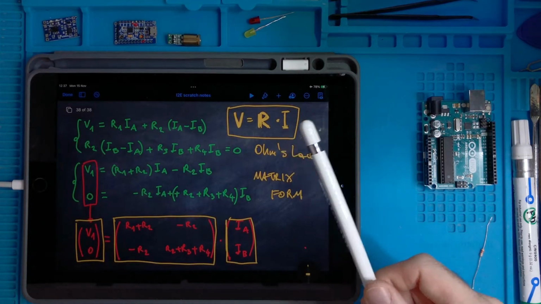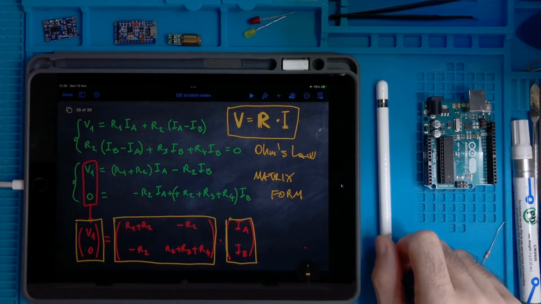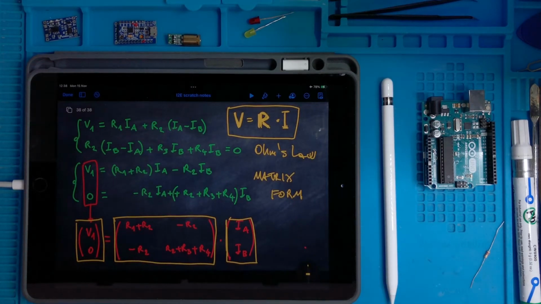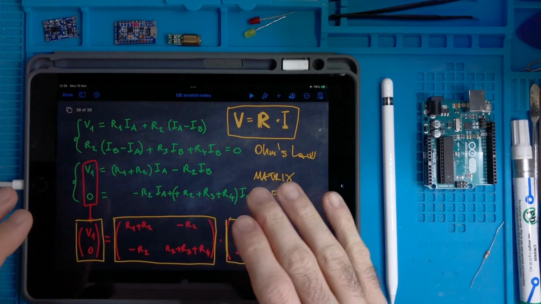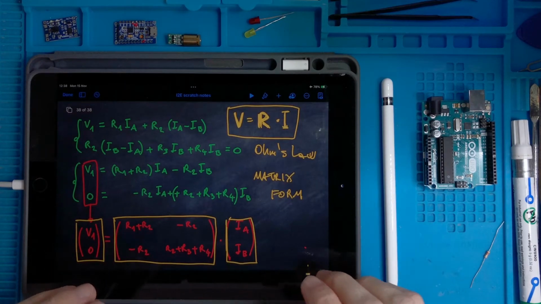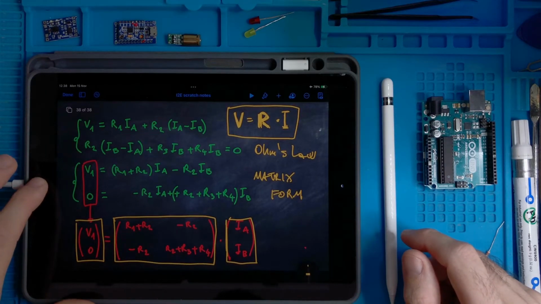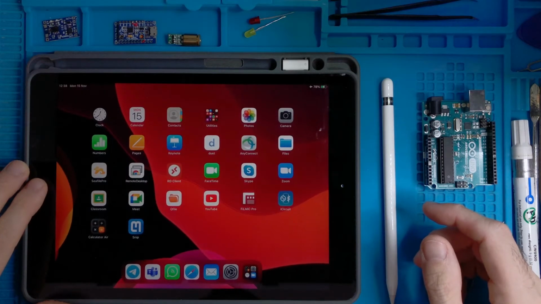But this is very good because this method can be used to make computers solve the circuits. It's just a mechanical thing. You don't have to think. You identify the nodes, you write the equations, you put them in matrix form, and then you can easily solve this with computers, or by hand if you want. So it's a powerful method.